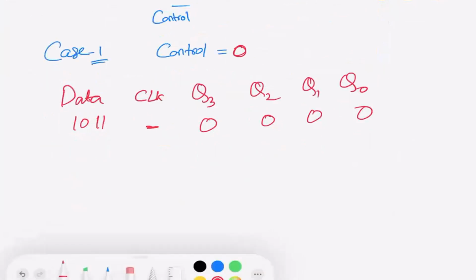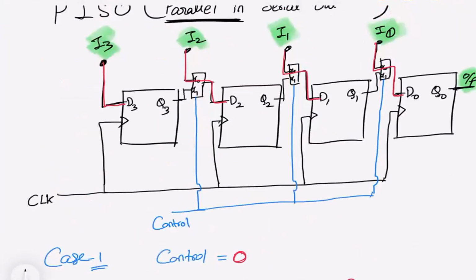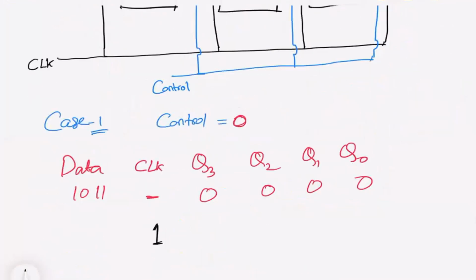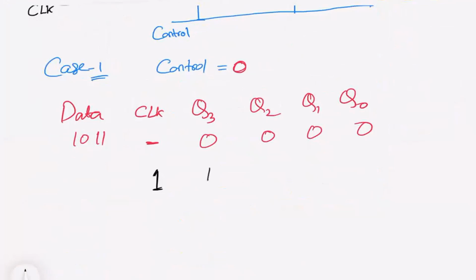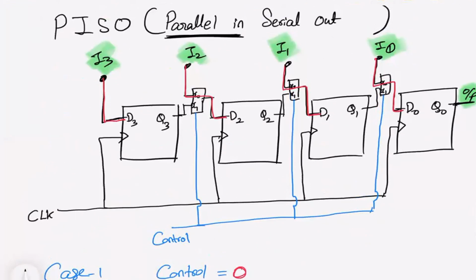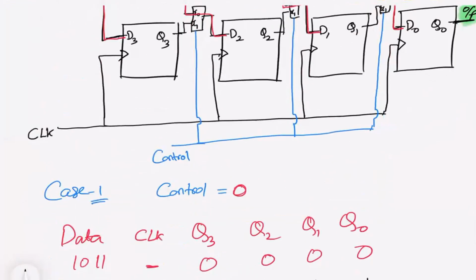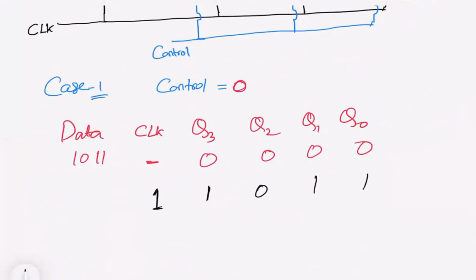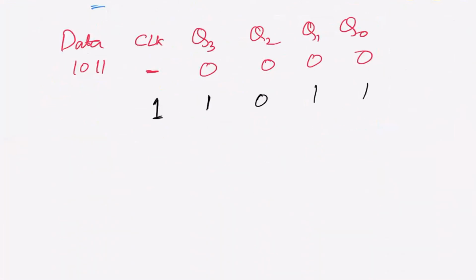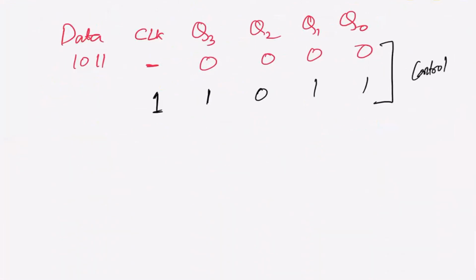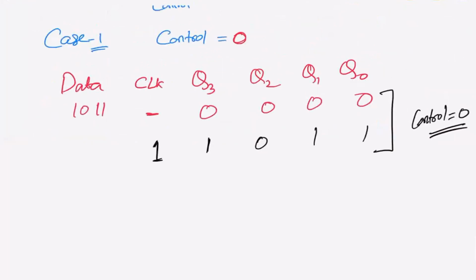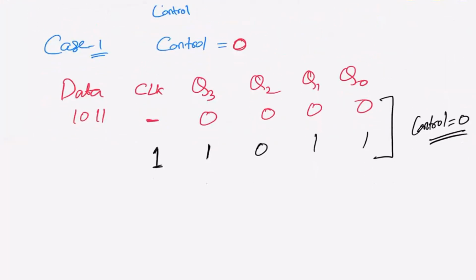So when we apply the first clock pulse, whatever data we are applying at I3, I2, I1 and I0 location will get directly stored in Q3, Q2, Q1 and Q0. Okay, so after one clock pulse only, you will get 1011 directly. This is because we are giving all the inputs parallelly and my control is 0. Okay, so this is our case 1.